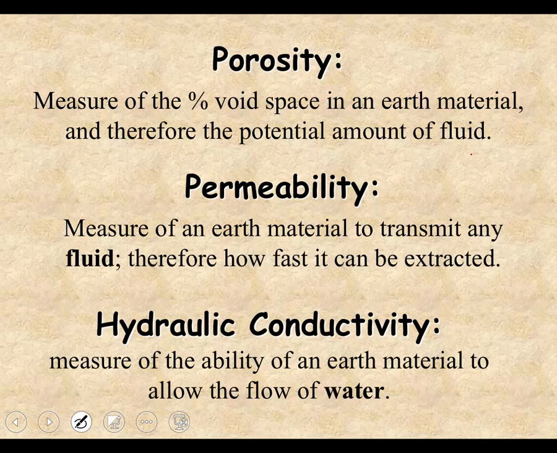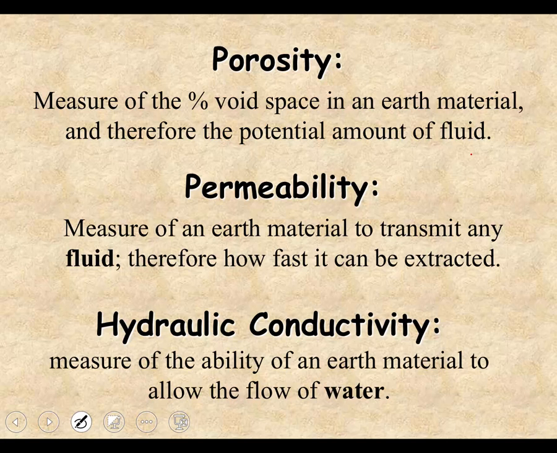Now, if you're a groundwater hydrologist, you're interested in hydraulic conductivity. If you're a petroleum engineer or petroleum geologist, you're interested in permeability because you're going to want to know what are the properties of the fluid that is flowing. And it could be heavy oil, it could be light oil, it could be gas, it could be any number of things.